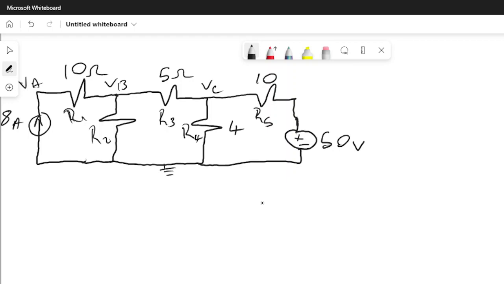We are again going to use nodal analysis to solve this. This is a little bit more complex compared to the previous circuit that we did.